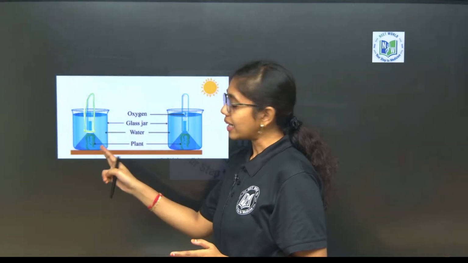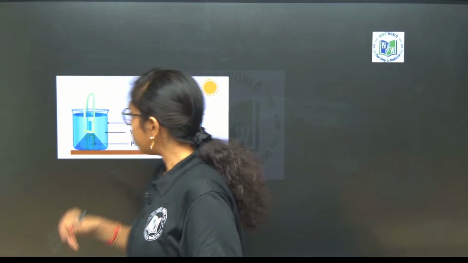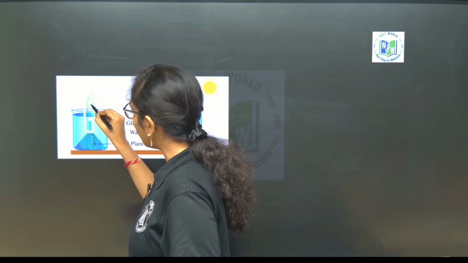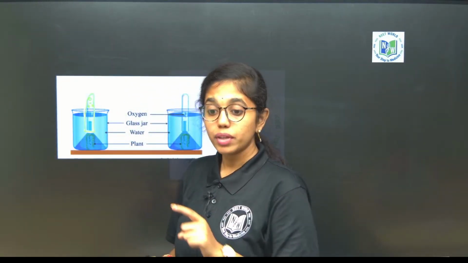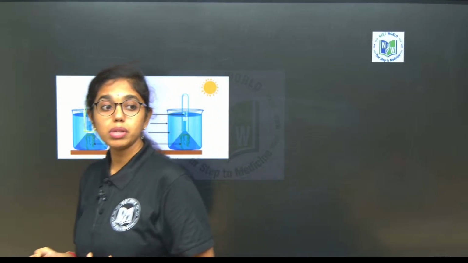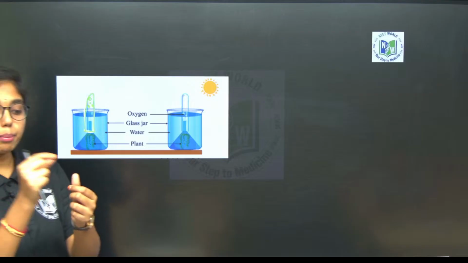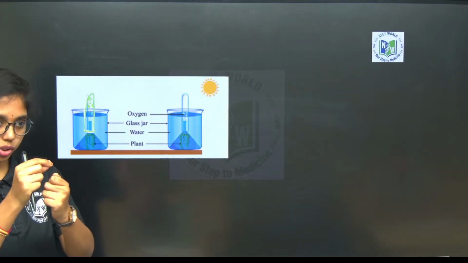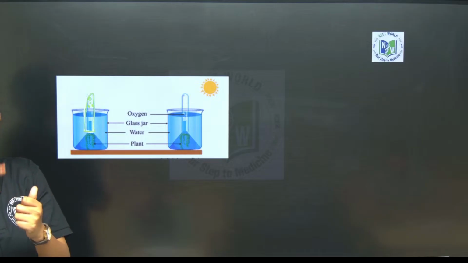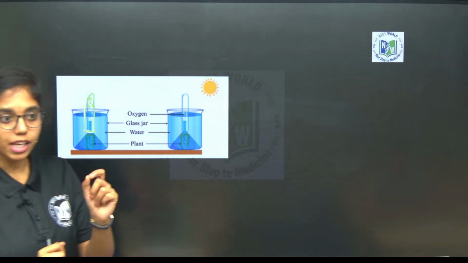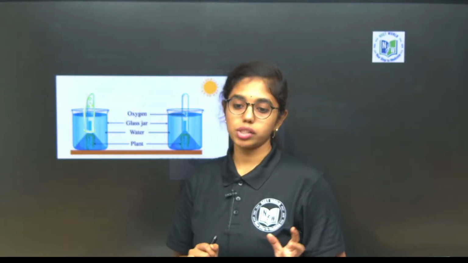In the setup kept under sunlight, after a certain period of time, some bubbles appear over the test tube, indicating the presence of oxygen. Whether it is oxygen or some other gas is identified. How did they identify that? They put a burning flame over the test tube before opening, and it burned more vigorously, indicating the presence of oxygen.